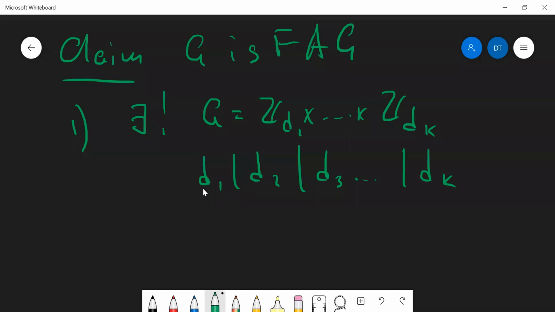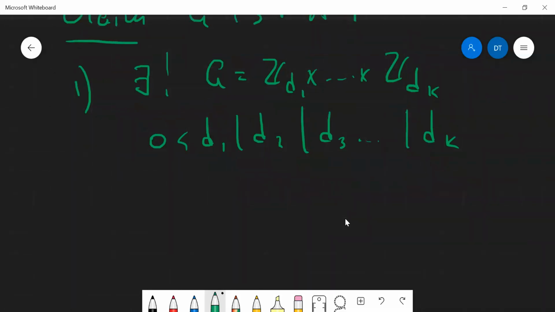All these numbers are greater than 0. So if you can represent your finite abelian group in this form, like a direct product of cyclic groups such that the order of this group divides the order of the next one, and so on, then this form is unique for the group G. So if you have two groups presented in such form, then they are isomorphic if and only if they have exactly the same form, like here.